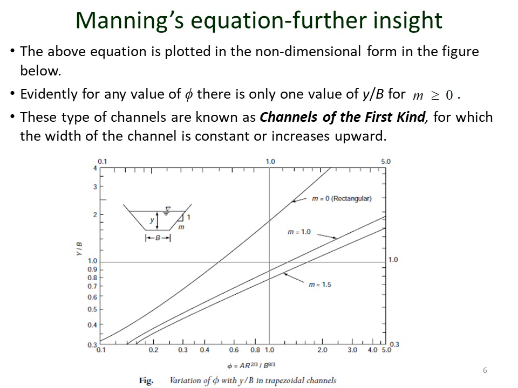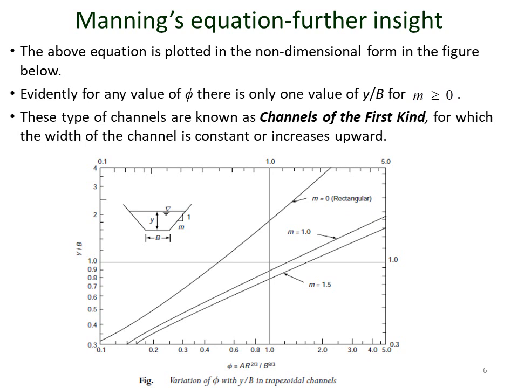And note one very important thing here: for all the curves presented, the flow depth becomes a single valued function of the ratio phi. So in other words, the flow depth is a unique function of the section factor here.